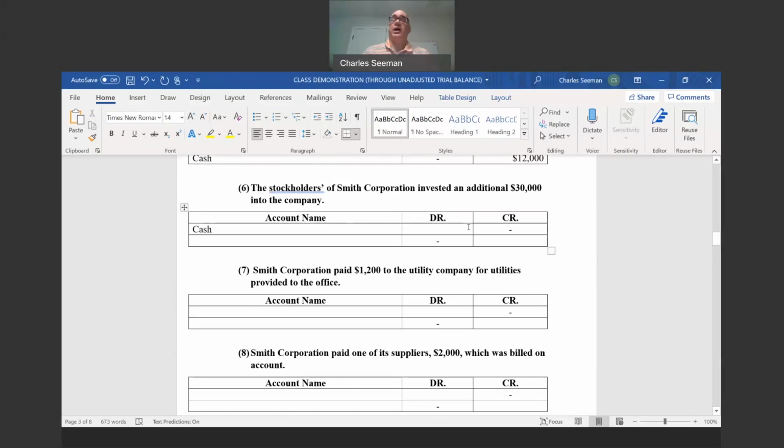I got an additional check for $30,000, so my cash balance on the left side of the accounting equation is debited.